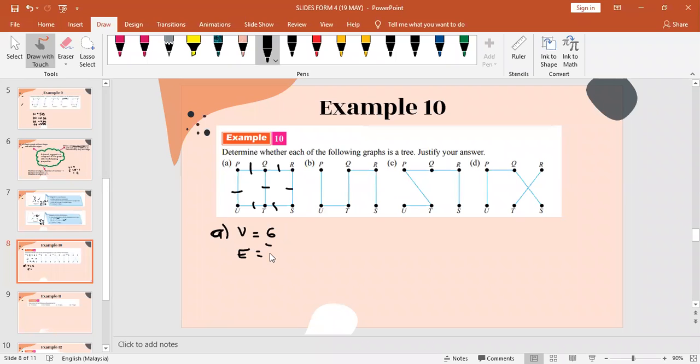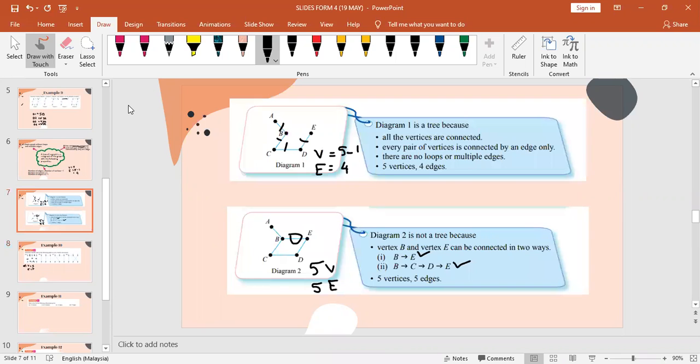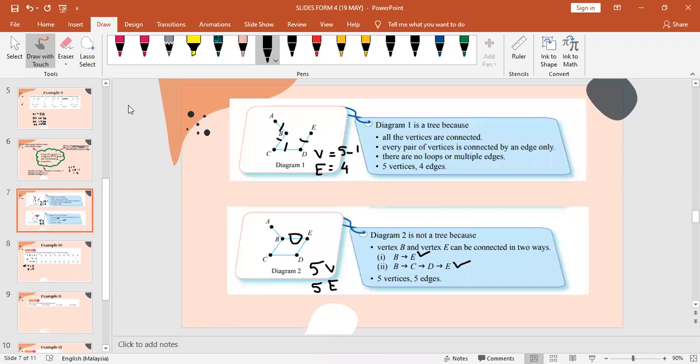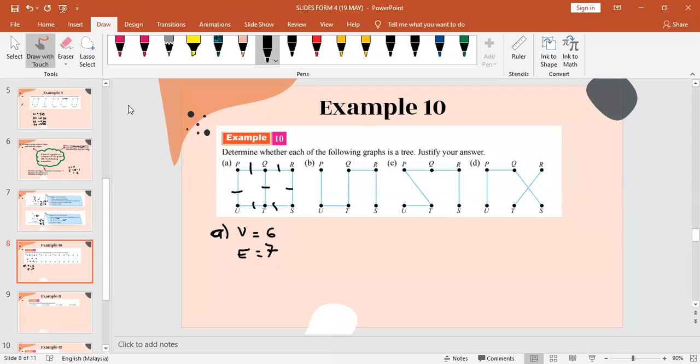Okay. The edges is more than the vertices. Supposedly, vertices kena lagi banyak pada edges kan, betul tak? Number of edges adalah vertices minus 1. But in this graph, vertices ada 6 tapi edges plus 7. So this one is not a tree.